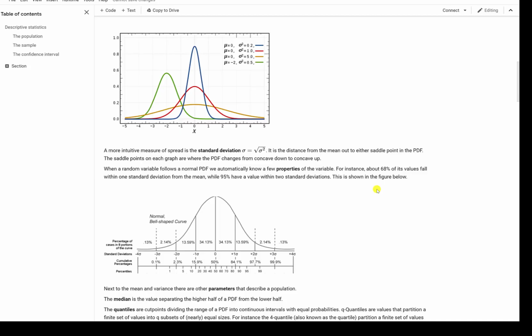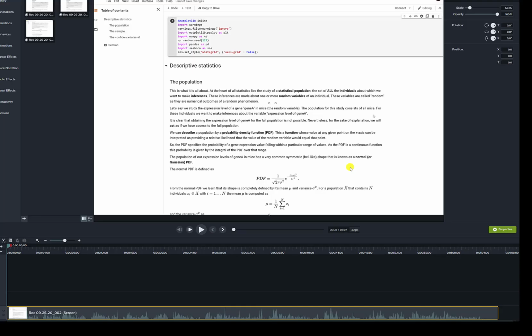So the variance is a measure of spread of the random variable under investigation. A more intuitive measure of spread is known as the standard deviation, which is basically just the square root of the variance, as you can see here. It has some intuitive meaning, so I can show that here.